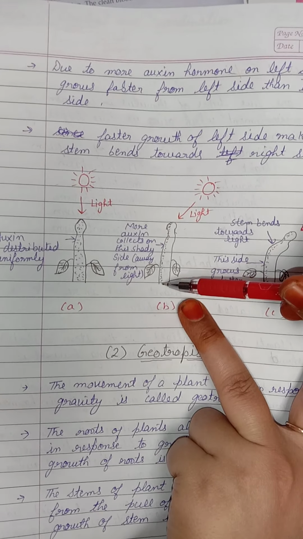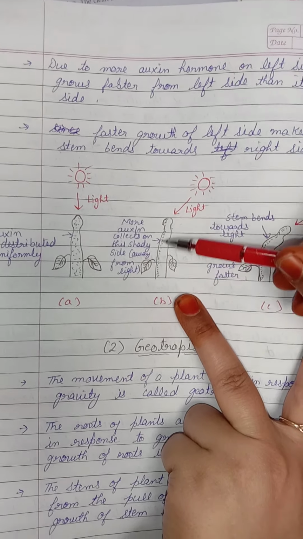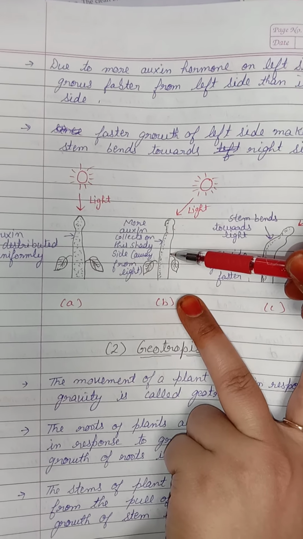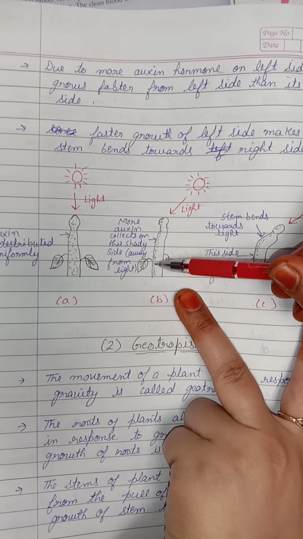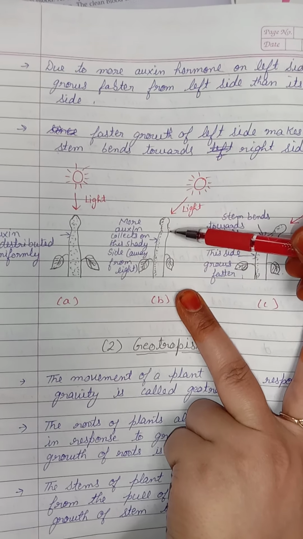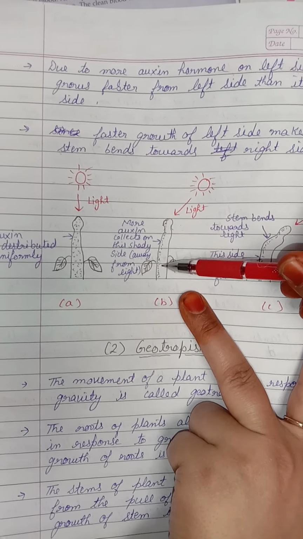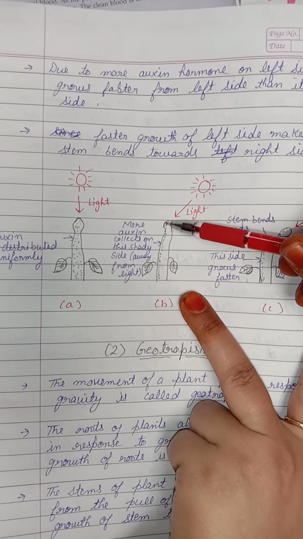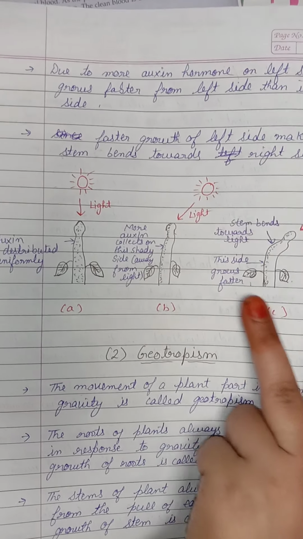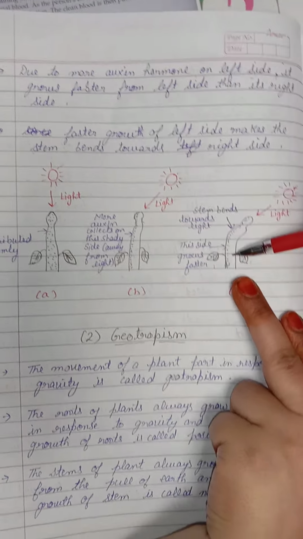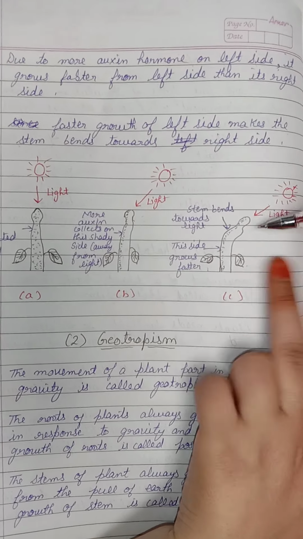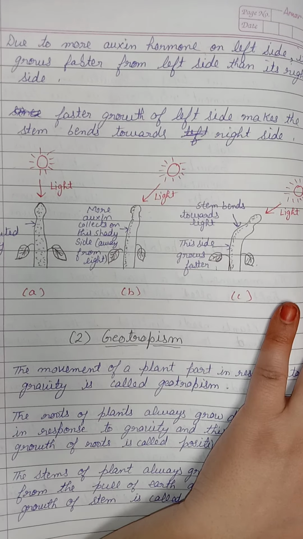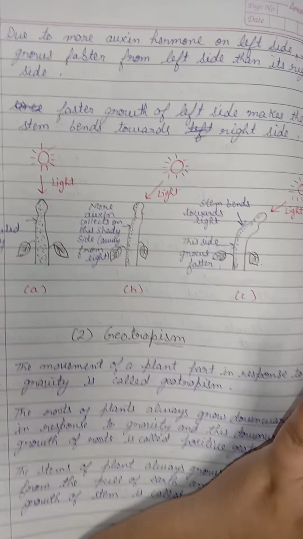It means on the left side the auxin is more in comparison to the right side. So the left side will show faster growth in comparison to the right side. If the left side shows faster growth, it will bend towards the right. You can see here the stem is bending towards the light. Understood? That's why we say that auxin is necessary for phototropism.